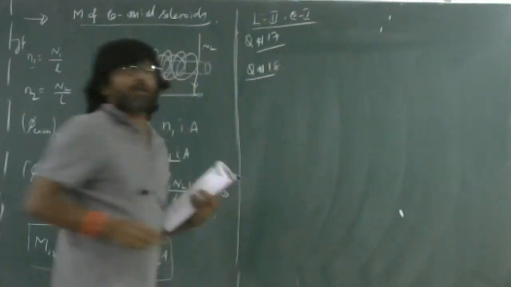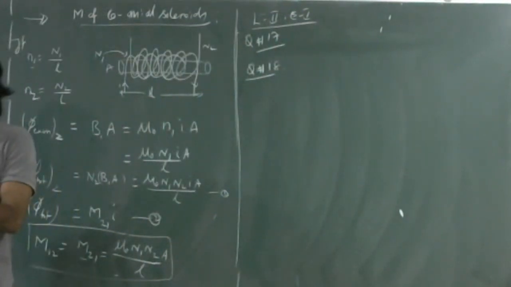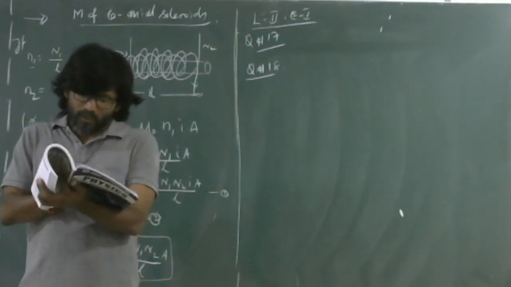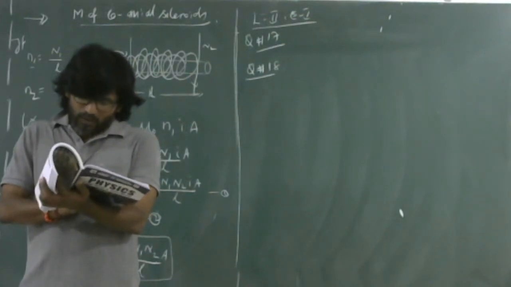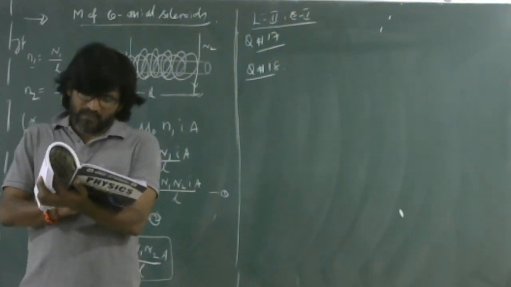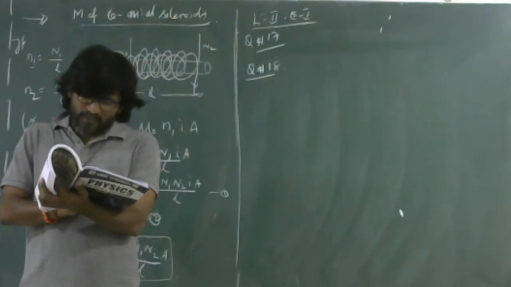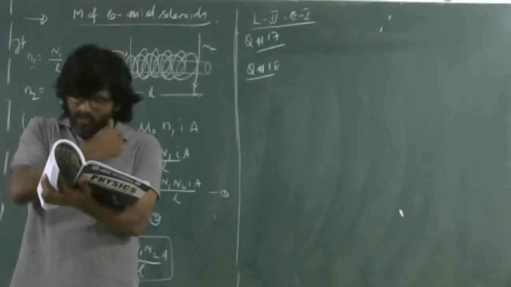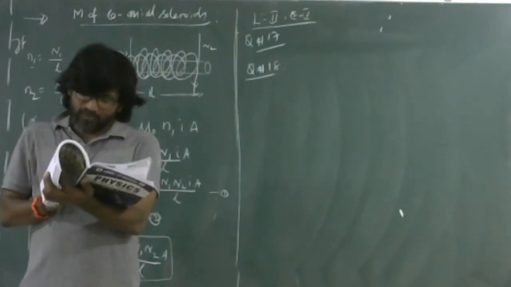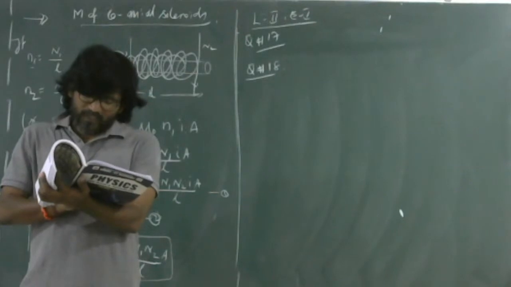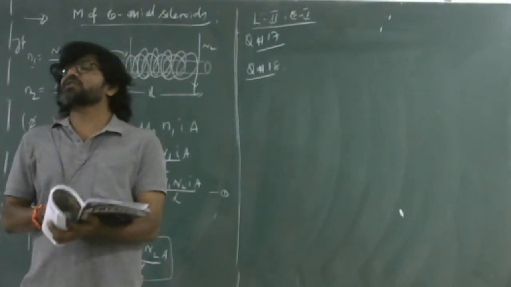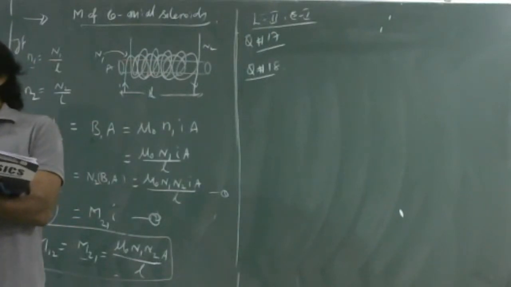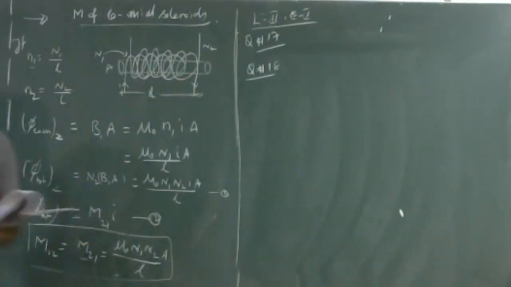Question number 18. This is also a formula based one. Let us see here. A long solenoid of length L, cross section A, having N1 turns, has wound about its center a small coil of N2 turns as shown in the figure. The mutual inductance of the two circuits is, again, look here.